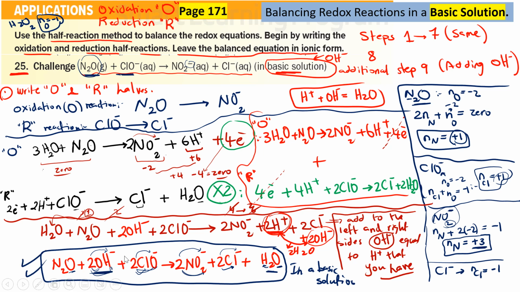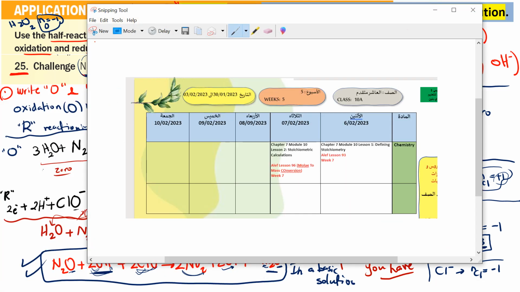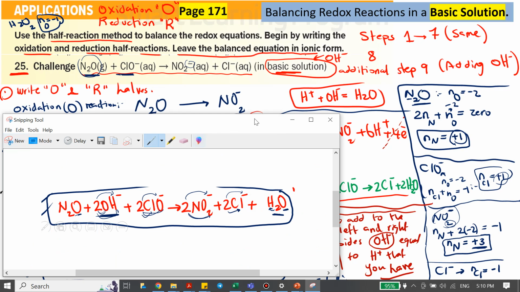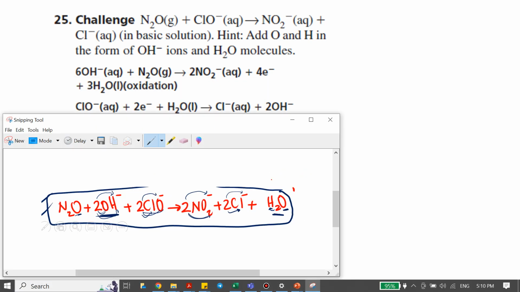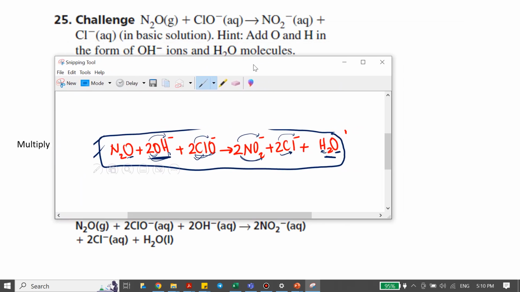So let's double check. Let's take this one. Okay, let's keep it with us here. This is the final solution. Let's double check our answer here. This is the solution you have in the book.